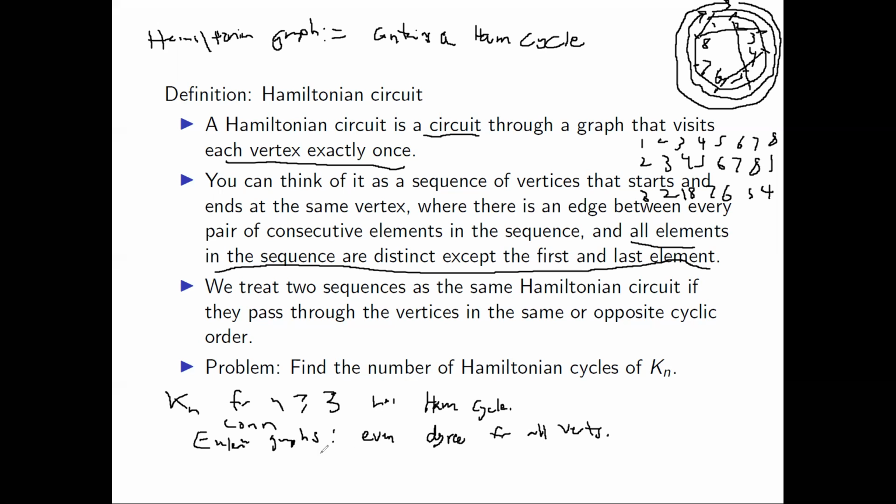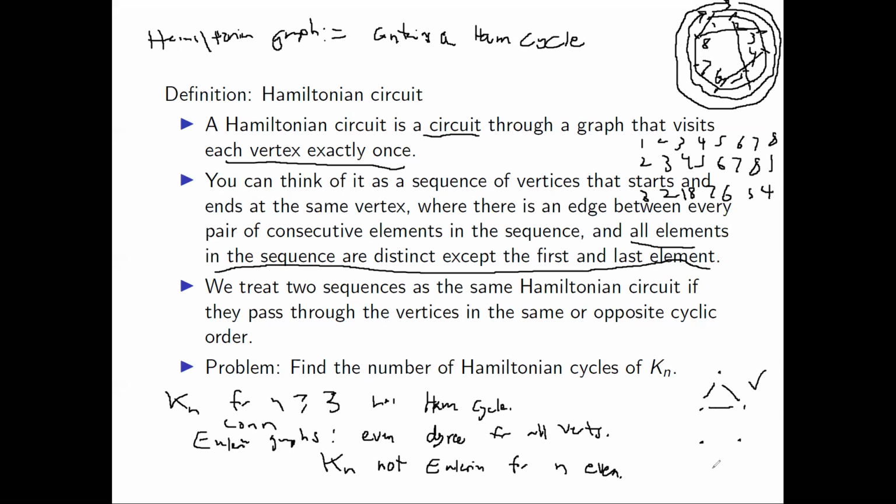So we know that Kn is not Eulerian for n even. So of course, K3, the triangle, that one's Eulerian because that's an odd n. And an odd n, that means the Kn with an odd n, it's going to have even degrees for all the vertices. So that's fine.